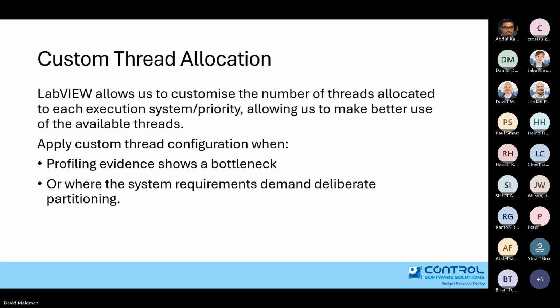So we don't necessarily want to do this by default. The times where we may want to do this is where we can see that we've got a bottleneck in our processing, or where system requirements want us to have deliberate partitioning of some of this work for various reasons.